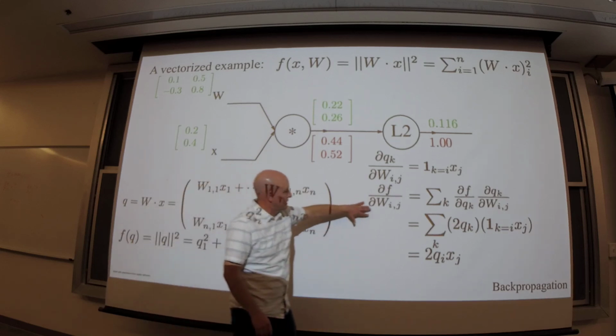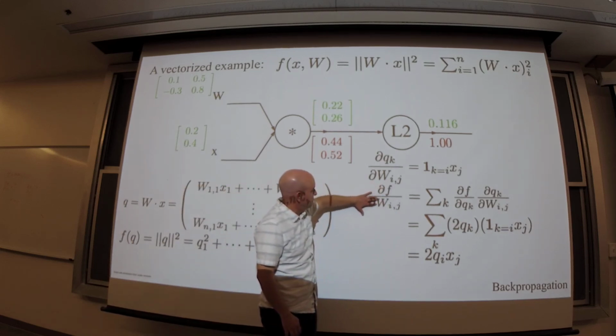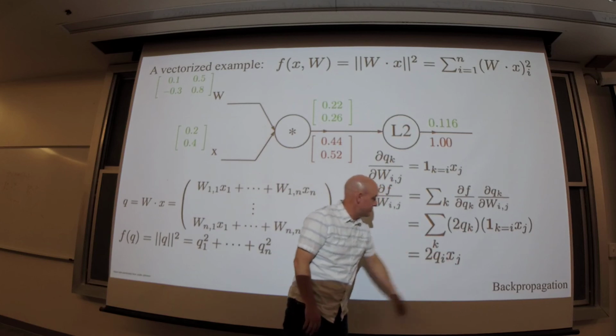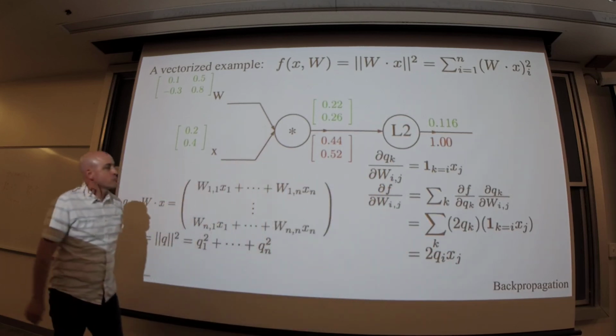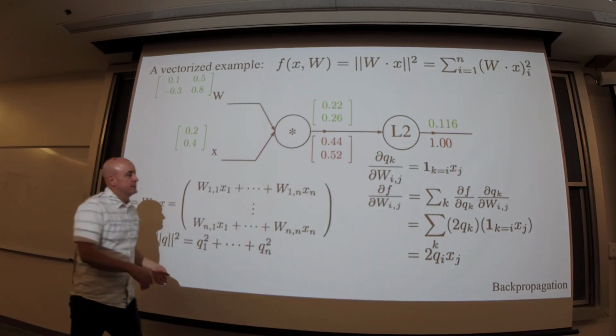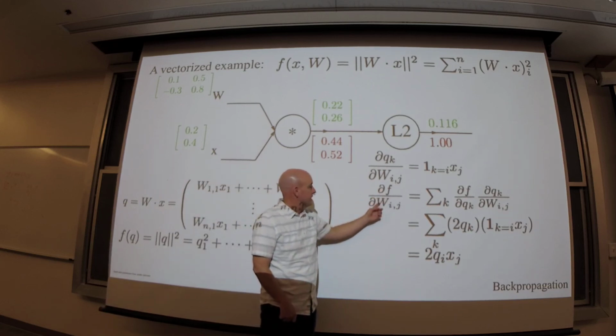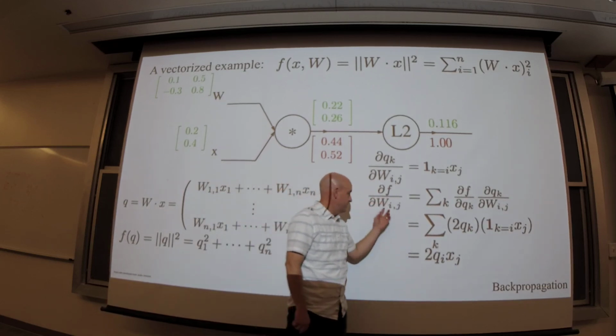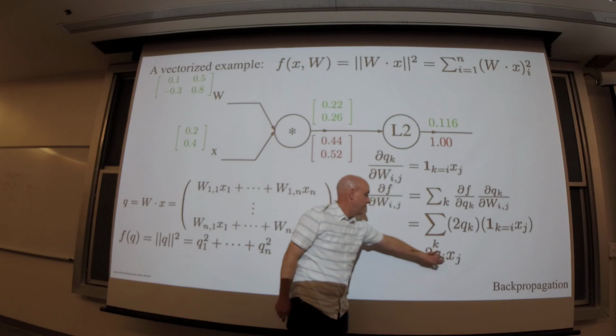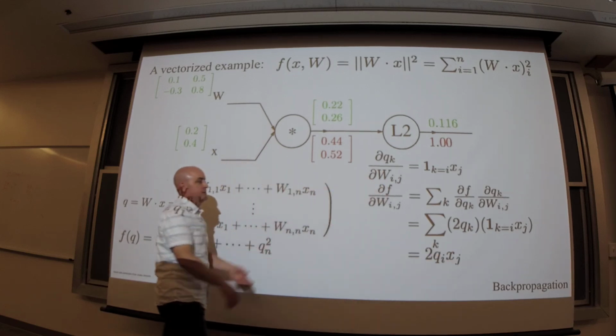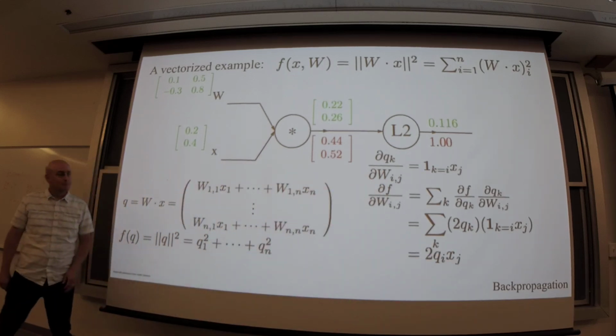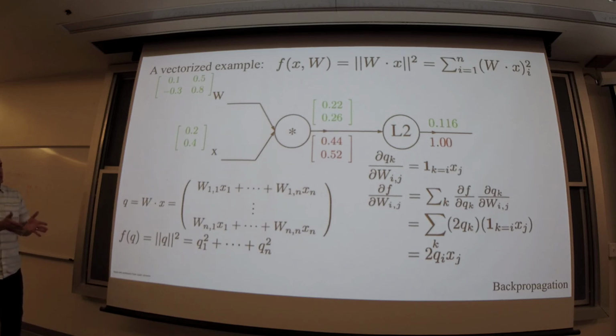So this is our partial f with respect to wij, this term right here. And again, this is a matrix, right? Because this is a scalar and this is a matrix. So we're getting out a matrix of the same size as this, and it's parameterized by the same indices I and j. Cool. So that's good.